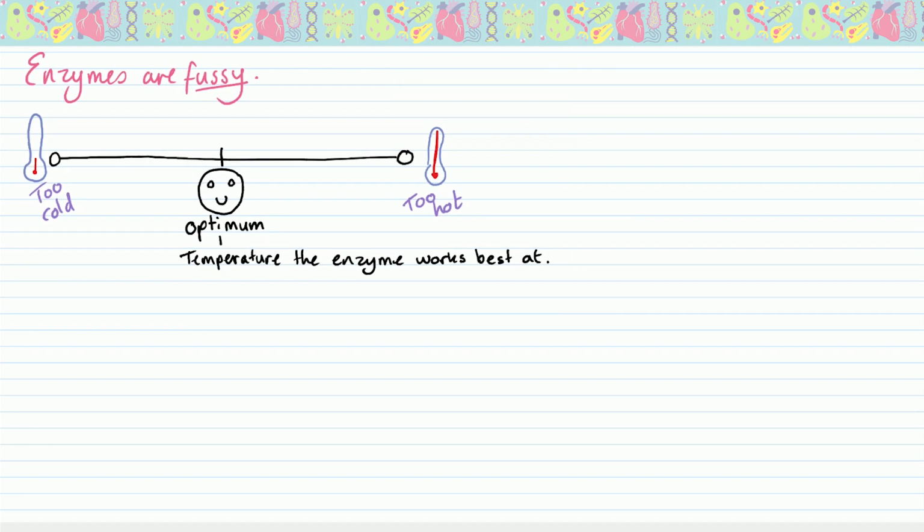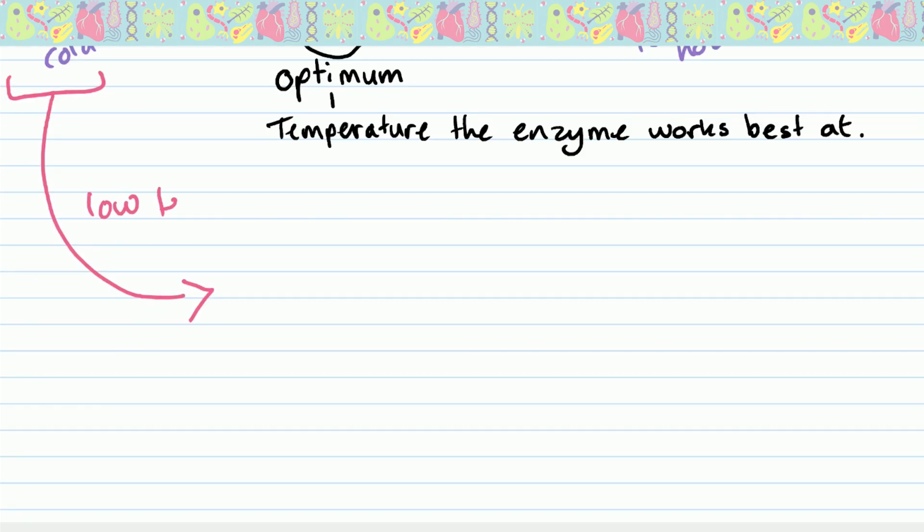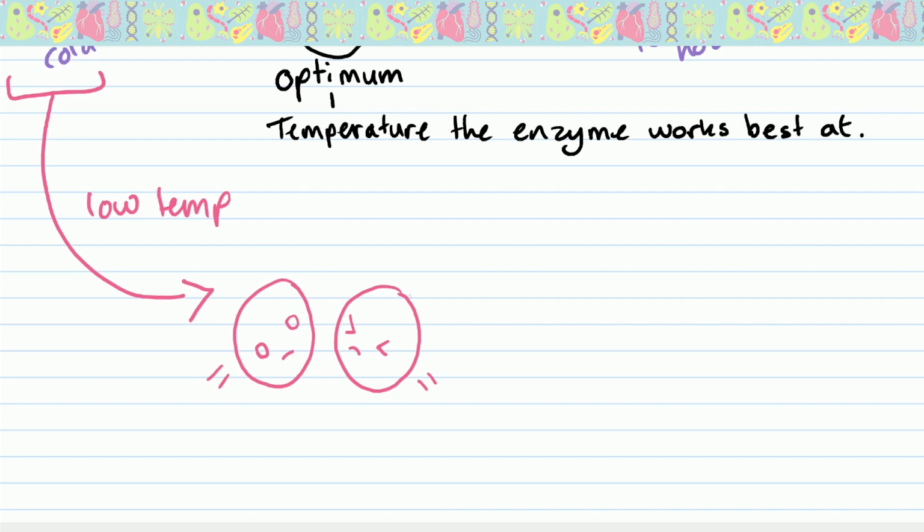Okay, so let's look at a scenario where the enzyme is in conditions that are too cold, or you've started a reaction off at a low temperature and then you're steadily increasing it. So at low temperature, particles are still moving, however they have a much lower store of kinetic energy. So they're moving slower, and if they do collide, it's more like bumping into someone in the corridor as opposed to ramming into someone with a car.